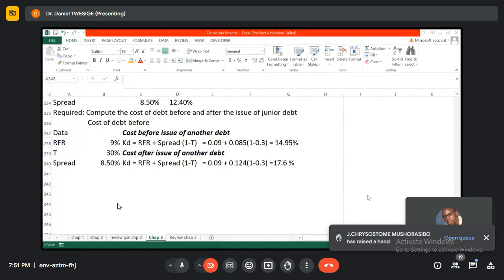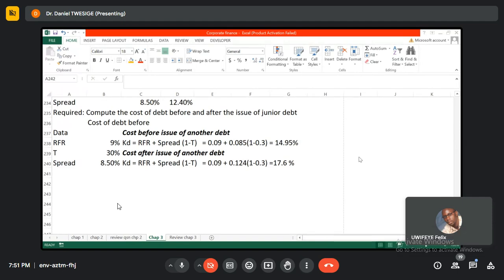Now the maturity period is 5 years, and I think the spread should be within those periods. Why have you decided to consider only 2 spreads, like 8.5, 12.4?